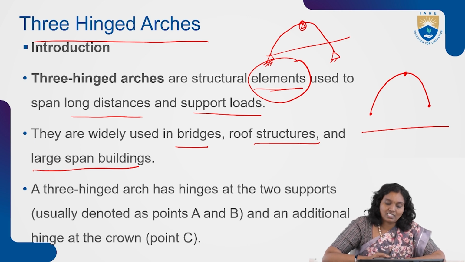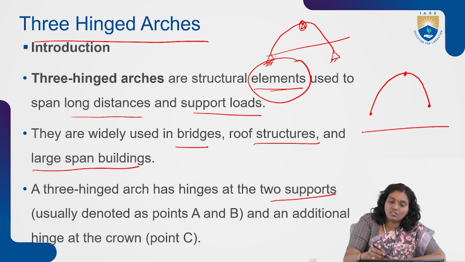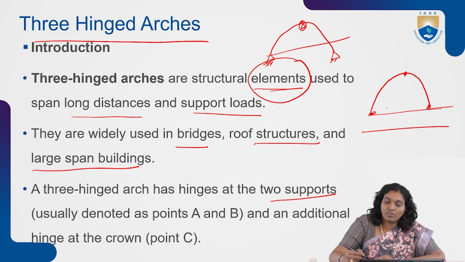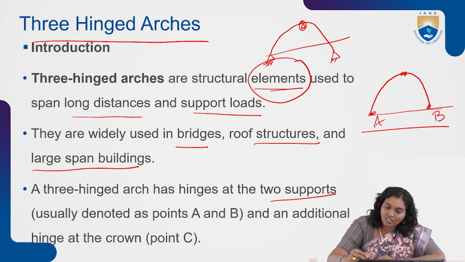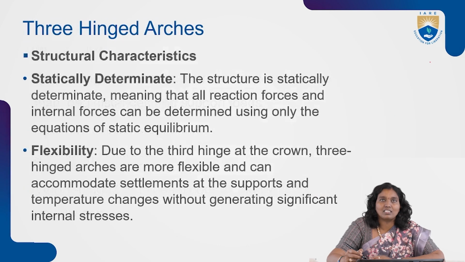Here, a three-hinged arch has hinges at 2 supports, whether on the same axis or maybe different axis. These 2 supports are usually denoted as points A and B, and one more additional hinge is at the crown. The highest point of the arch is known as the crown, that is the point C. So these are nothing but the three-hinged arches.